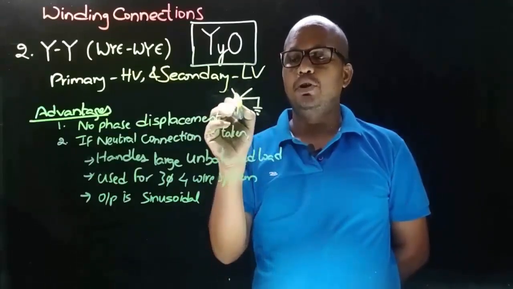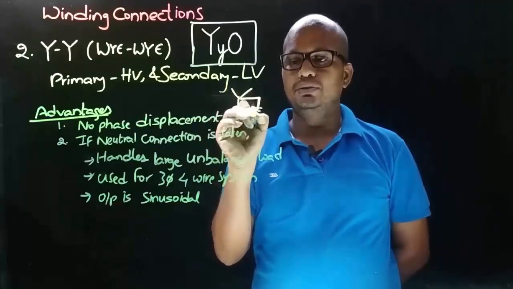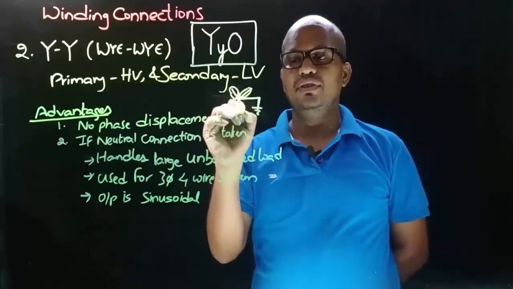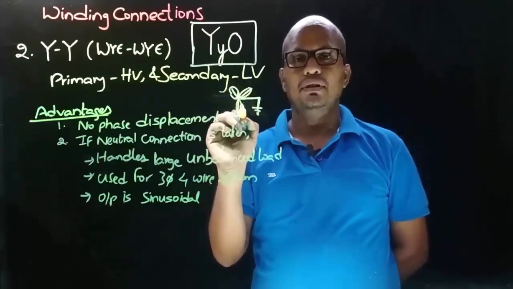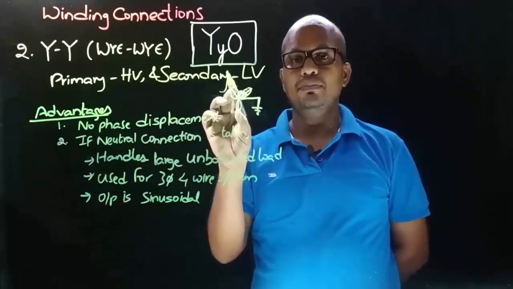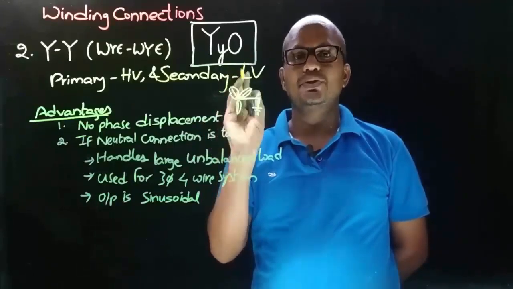So the triple harmonics which are induced in the phases take the path through this connection like this. And now in phases, only the pure sinusoidal induced EMF remains. So the output from the neutral connected star connection is sinusoidal.